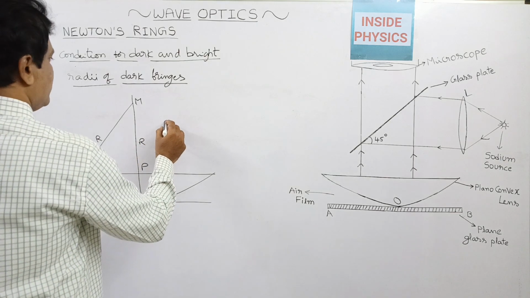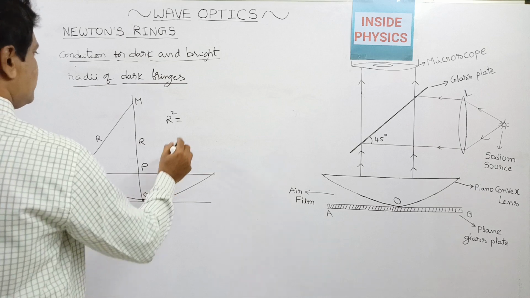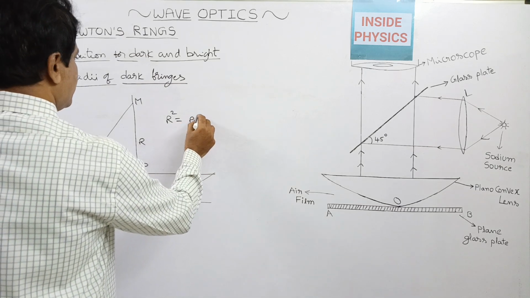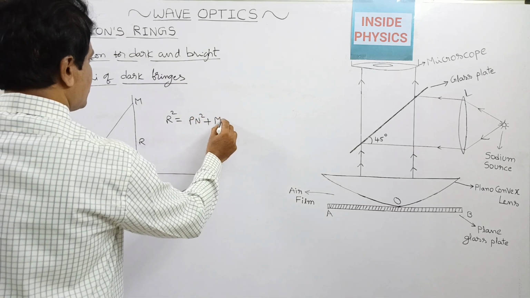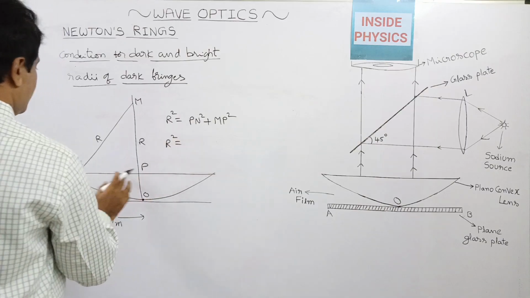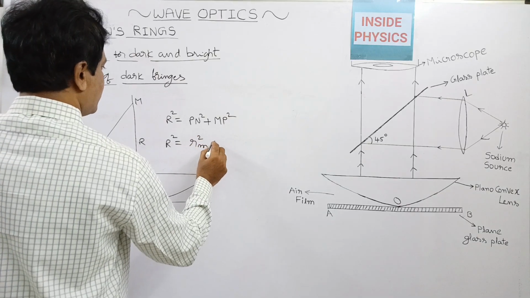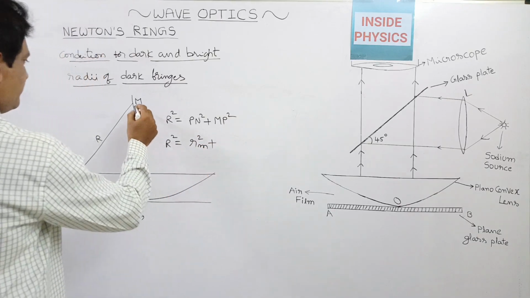what we can write by Pythagoras theorem: R square is equal to PN square plus MP square. So R square is equal to, what is PN square? Rm, the radius of the dark fringe, plus MP.